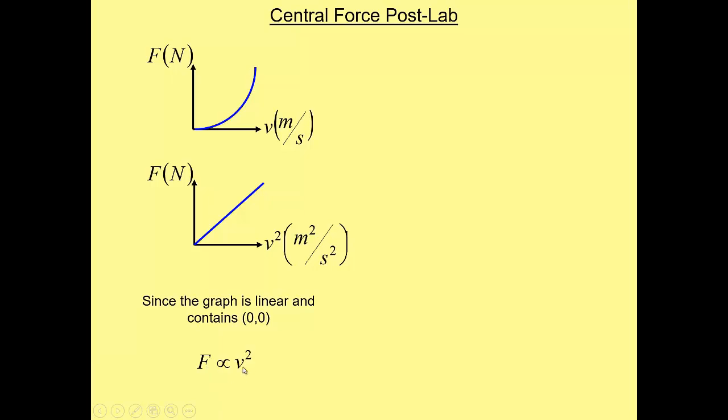Right? If we want the object to go 3 times as fast, we don't need 3 times the force, we need 3 squared, 9 times the force. Right? So notice here that changing the speed has a bigger effect on the force required than changing the mass did. Right? Because mass was just direct proportion.